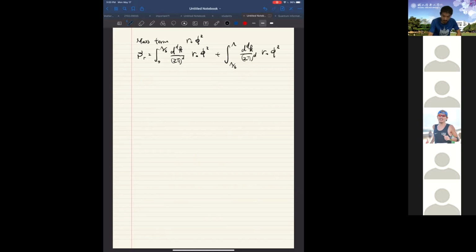The slow mode part we don't need to worry about because there's nothing we need to integrate out in this part. The only thing we need to integrate out is the fast part, and this is nothing but a number, right? It's just the same as before, a number which you don't care about. It's a shift, right?